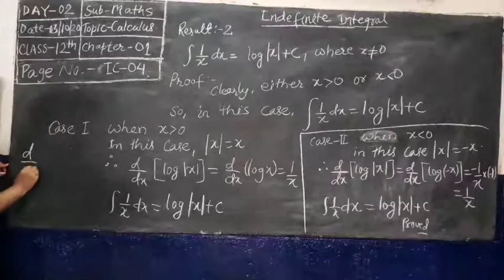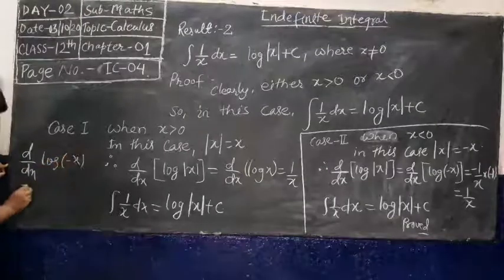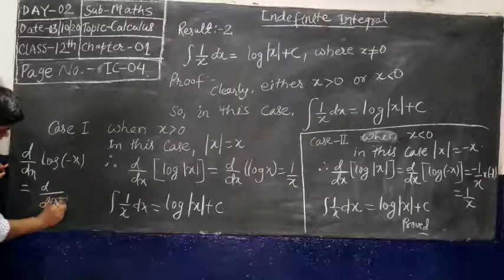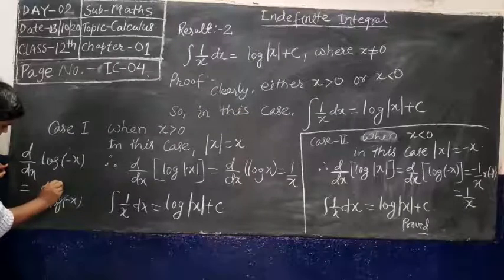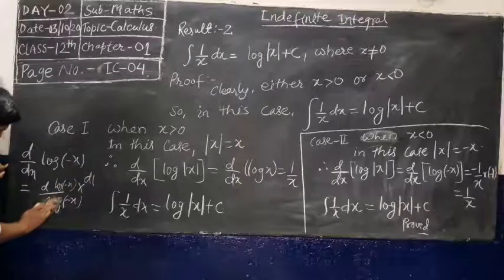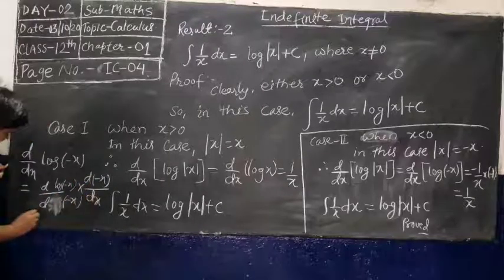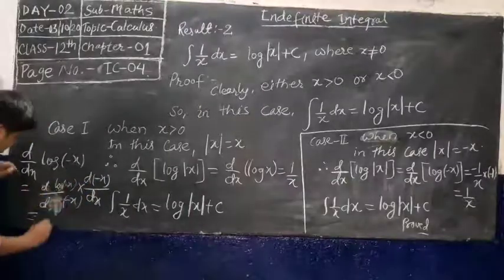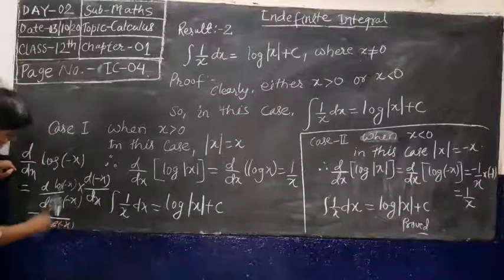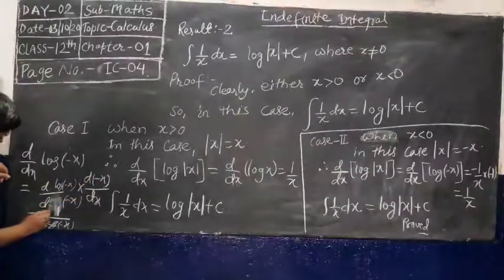d by dx of log of minus x is equal to d by d of minus x of log of minus x, times d of minus x by dx. The derivative of log of minus x is 1 by minus x, and the derivative of minus x is equal to minus 1.